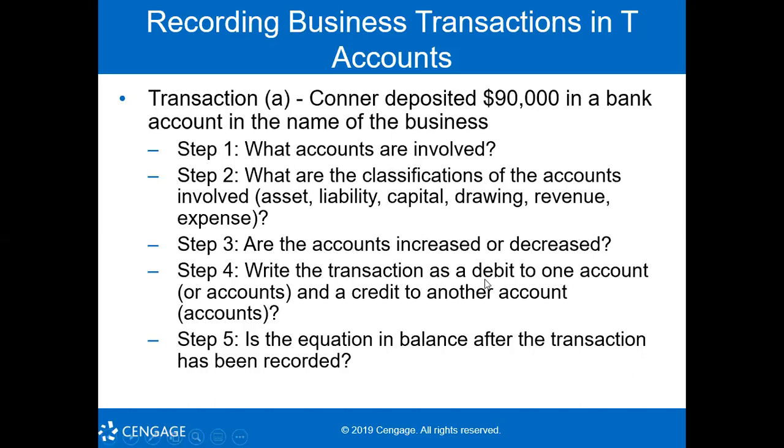So record the transaction with a debit to one account, a credit to another account. And then is the equation remaining balanced after the transaction? We already have looked at examples of this in chapter 1, but now we're just taking that additional step, in this case, step 4, to record the transaction as either a debit or a credit.